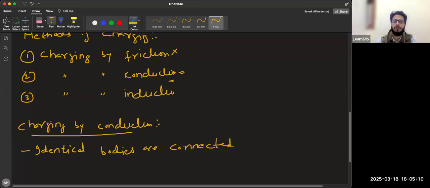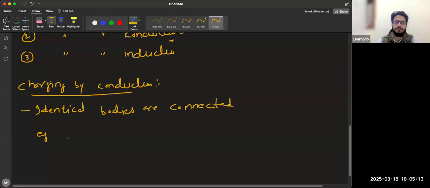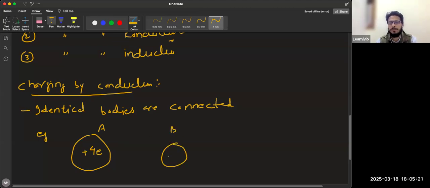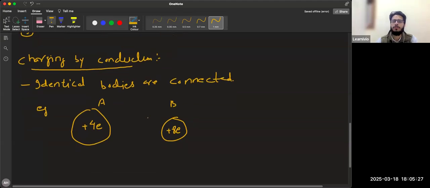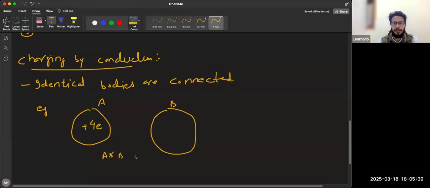If you have a body A, it has some plus 4E unit of charge. Then you have another body B, which has, let's say, plus 8E unit of charge. Both the bodies are identical.